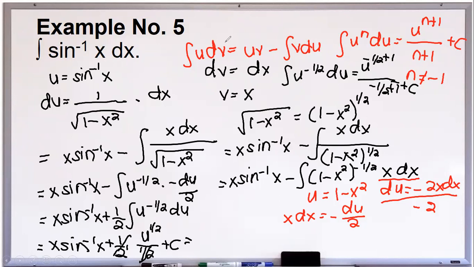So ibalik natin sa, may given tayo ng u dito, diba? So ito. So ang sagot natin dito is x arc sine of x plus, balik natin from fractional exponent to radical sign. So 1 minus x squared.